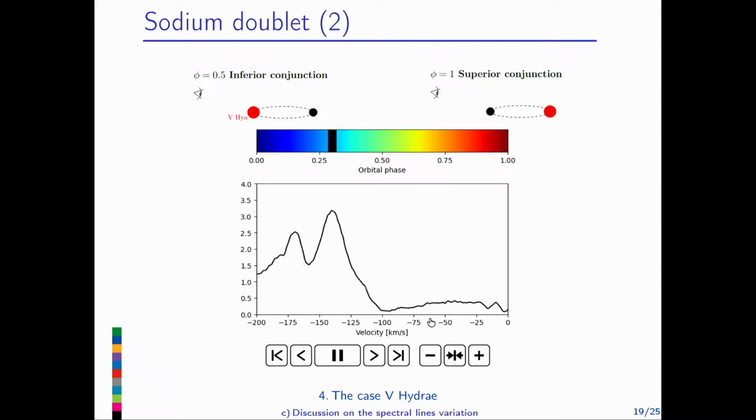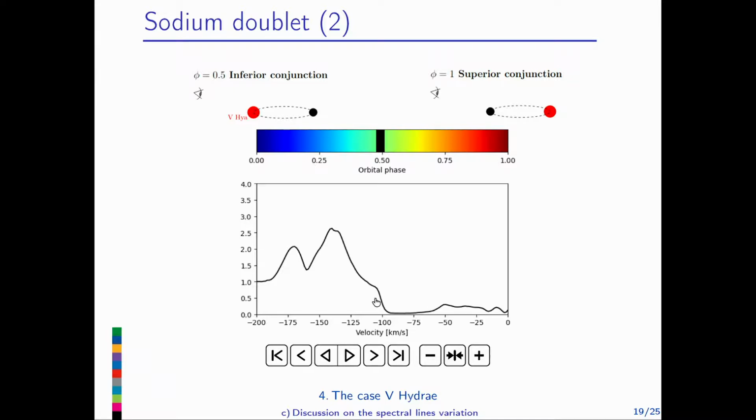So I will stop at phase 0.5, for example. Here you can see those two pseudo-emissions, typical for a carbon star, and then a deep absorption at the blue shifted velocity, around -100 and -50 kilometers per second.